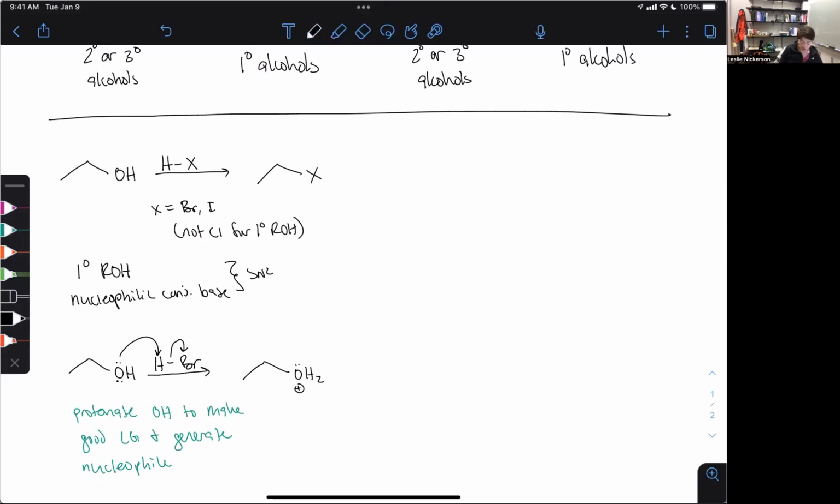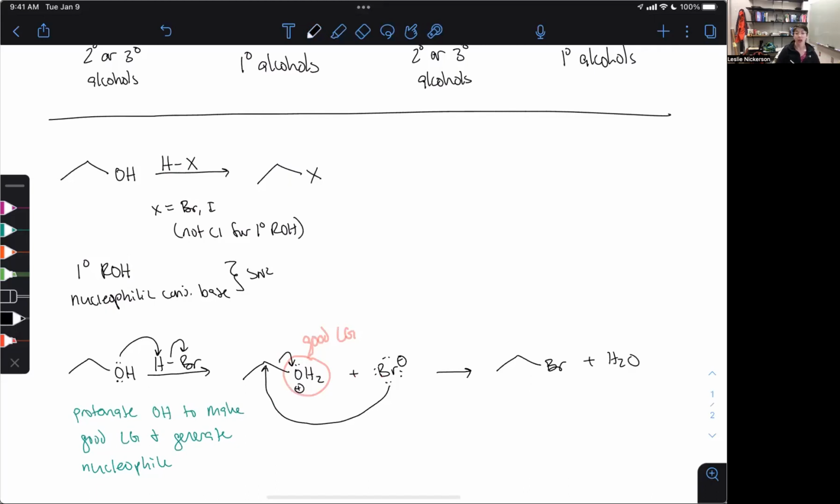Okay, so now I've got a good leaving group here. And that good leaving group is going to now be able to make space for our nucleophile in an SN2 reaction, to get our products. All right.